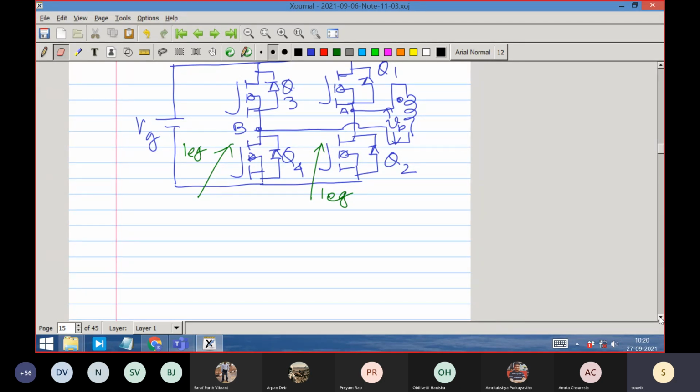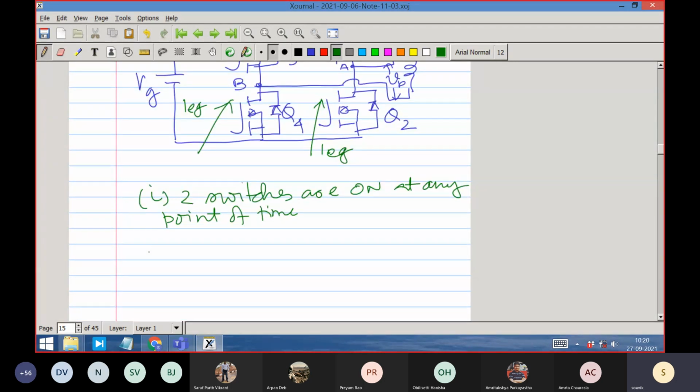So what I am saying is that the first law is that two switches are on at any point of time, and number two, there is symmetry in the switching.